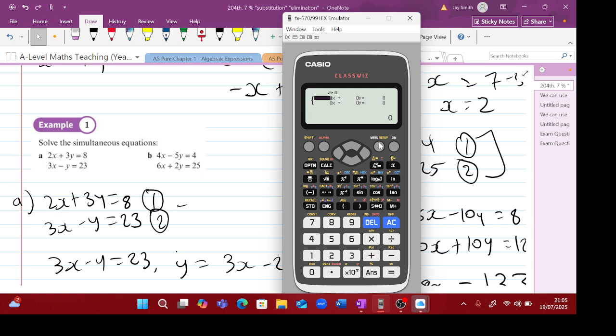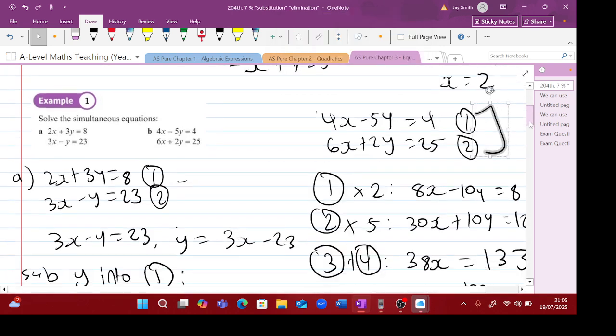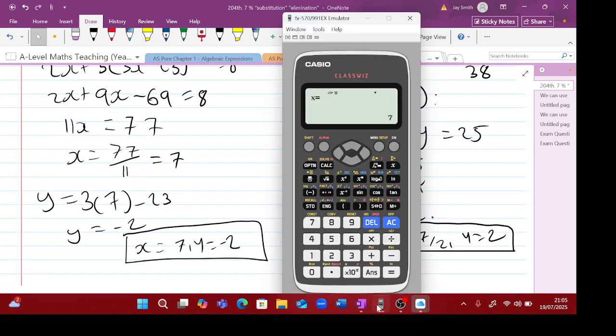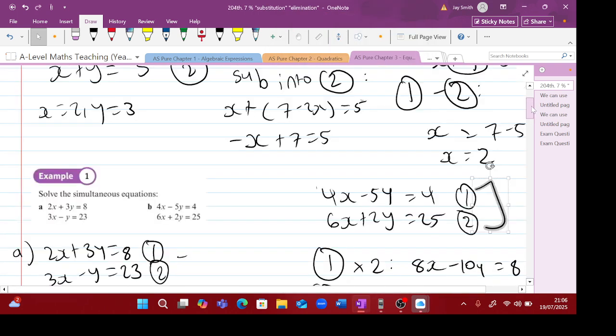So we can see for A, 2x plus 3y would be 8, 3x minus y, that would be minus 1y, is 23. Then if we solve it, it tells us x is 7. Let's have a check. Yeah, x is 7 and y is minus 2. Great stuff. And then we can verify the other equation.